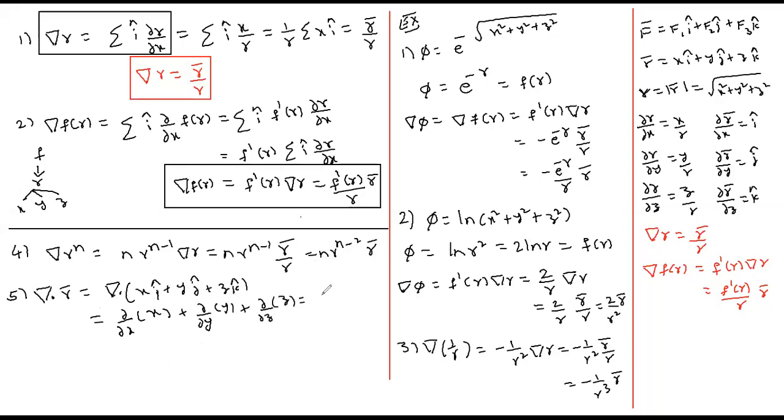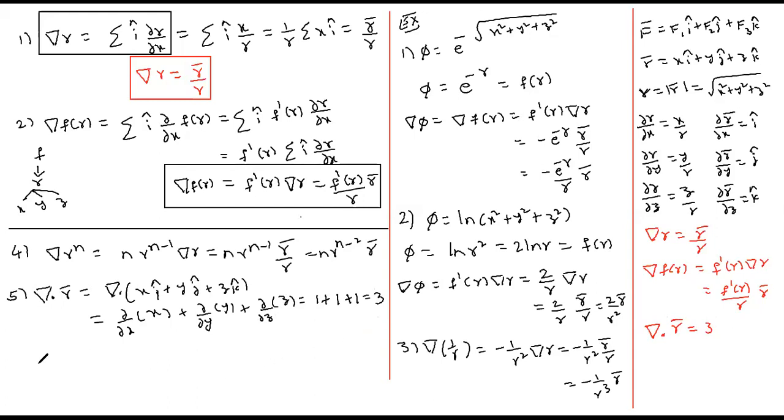So what are the derivatives? dou x by dou x is 1, plus dou y by dou y is also 1, plus dou z by dou z is also 1. So what is the answer? 3. Am I right? So del dot r bar is 3.